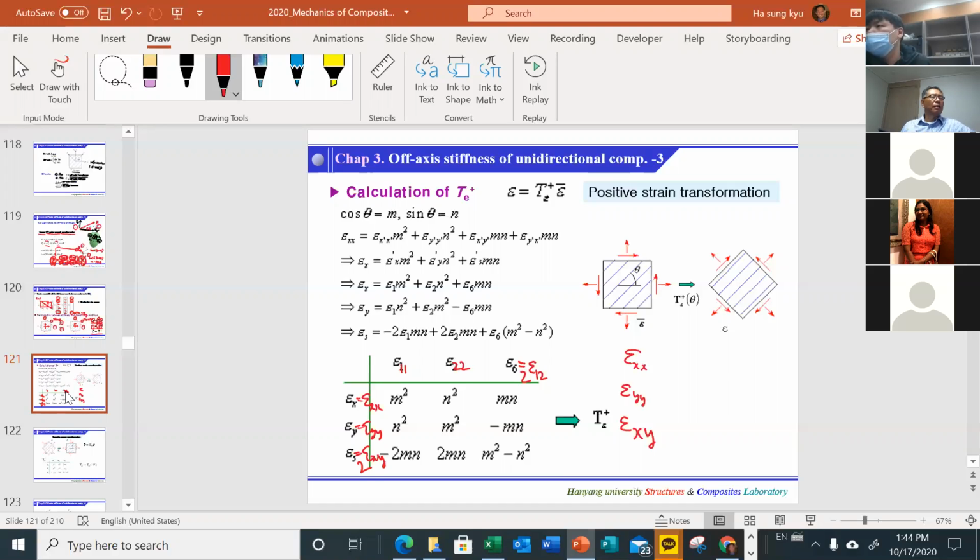The reason we use the double index is that we can easily follow the cosine rules in the axes to derive these transformations. Again, what we are trying to do is that we have a strain here, we have a strain here, and what will be the relations?